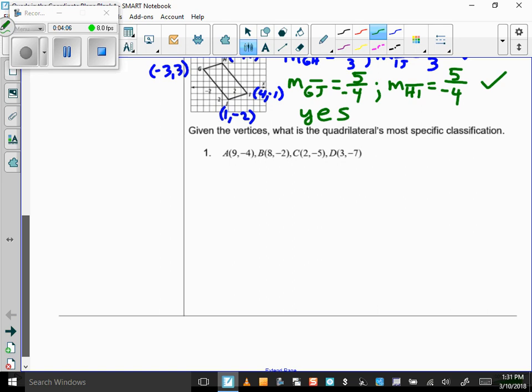All right, let's do another one. Given the vertices below, what is the quadrilateral's most specific classification?